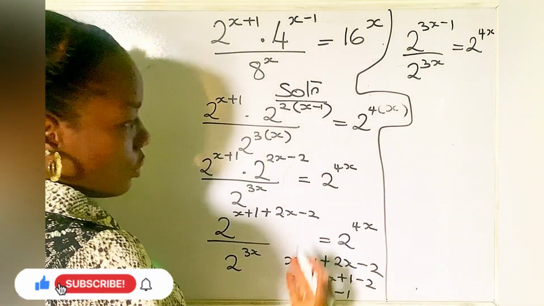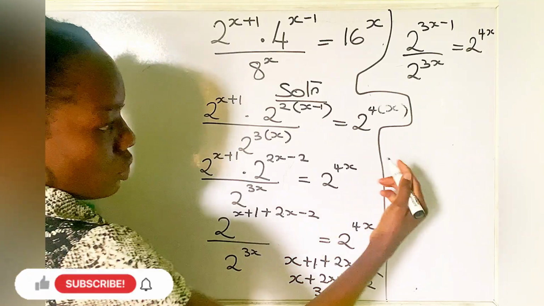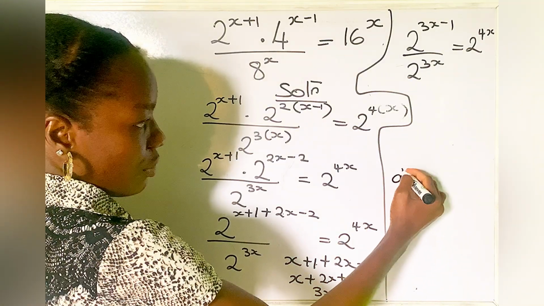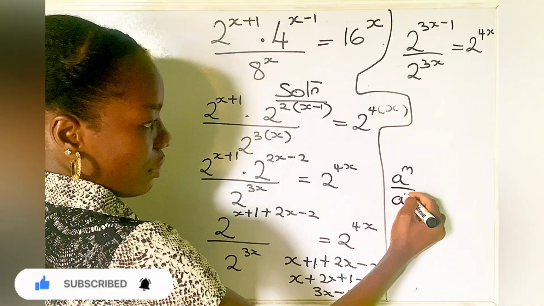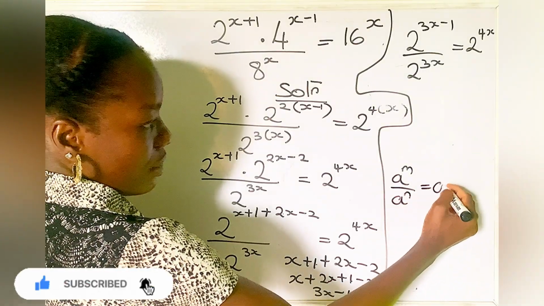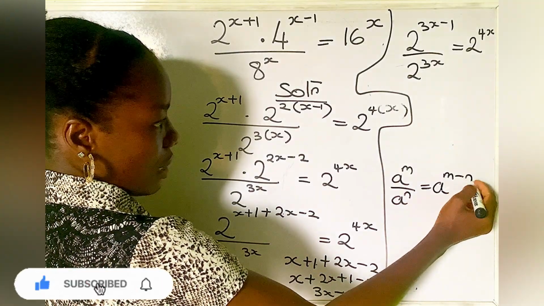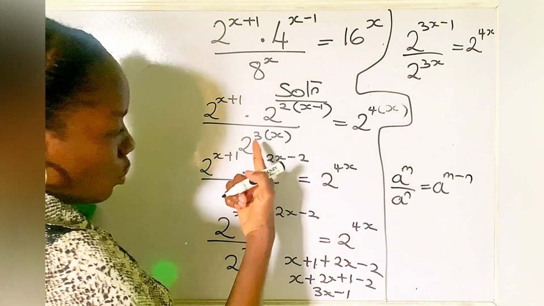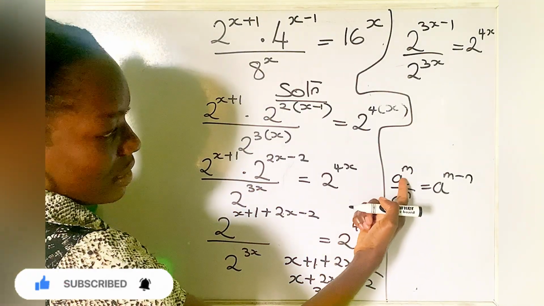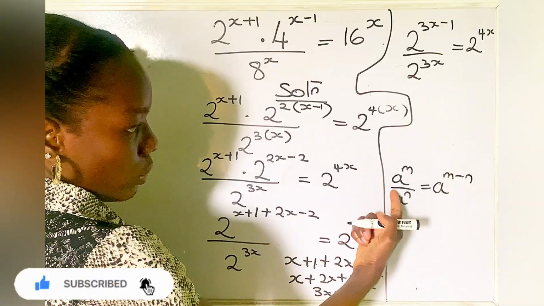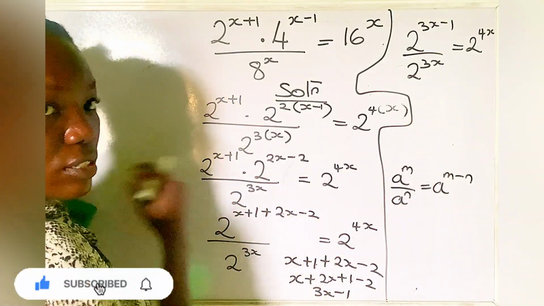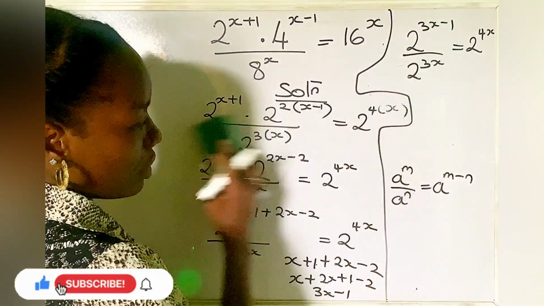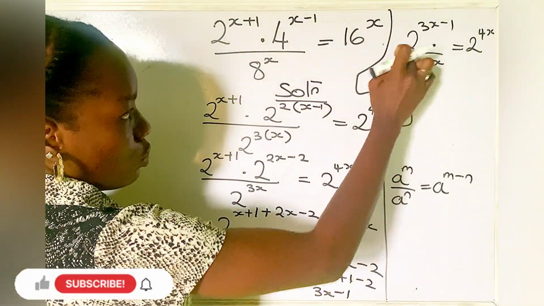Okay, now using the quotient rule, when you have something like a to the power of m over a to the power of n, you can write it as a to the power of m minus n. Now this is possible because of this division. When it is a multiplication, it becomes an addition, but when it is a division, it becomes a subtraction. So now these two powers will subtract because we have base 2 and base 2.